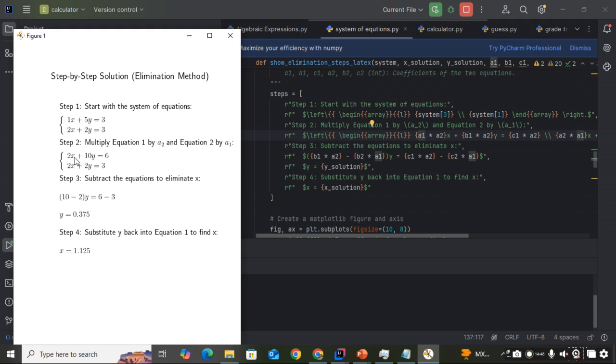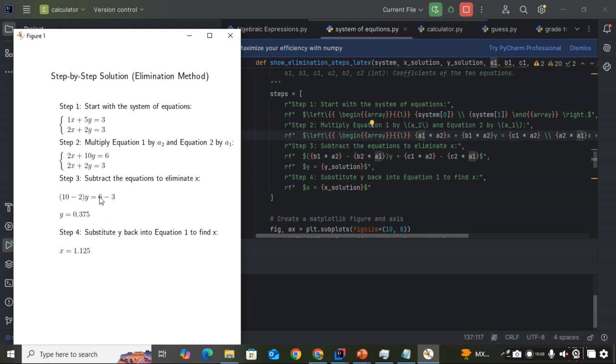Now that the coefficients for x are the same, might as well subtract it so that we can cancel the variable x, and we have 10 minus 2y. Do we see that here? Yes, this is b1 a2 minus b2 a1 y.